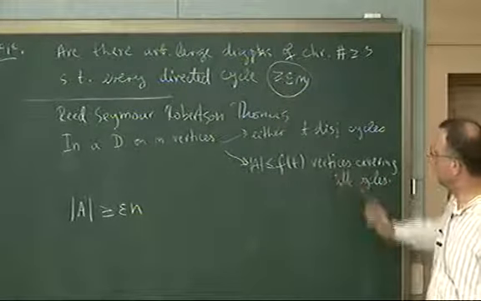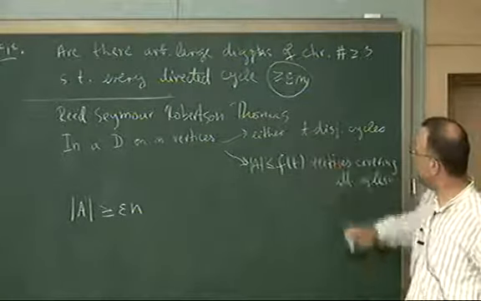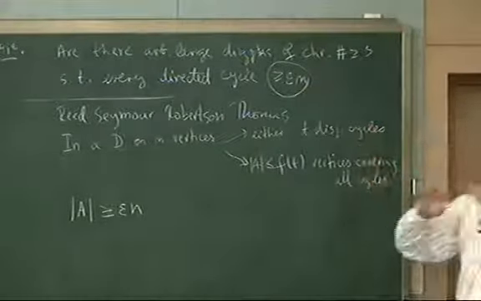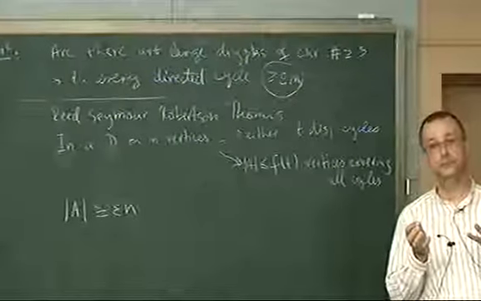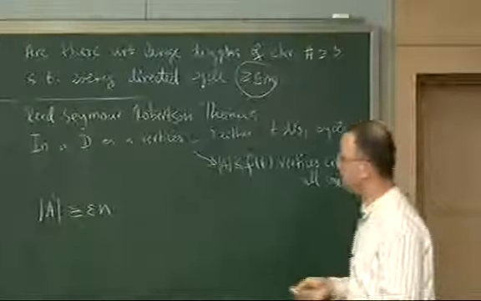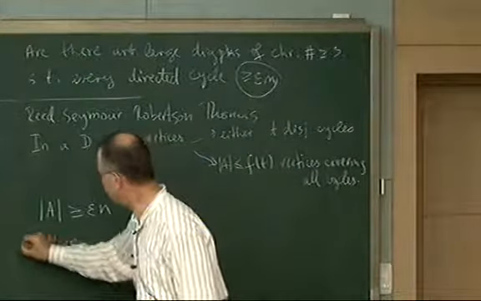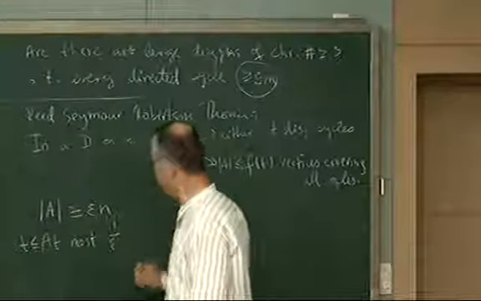On the other hand, the graph doesn't have too many disjoint cycles, because if you have more than 1 over epsilon such cycles, one of them will be shorter than epsilon n. So t is at most 1 over epsilon.